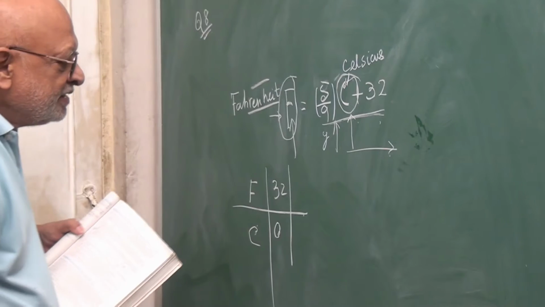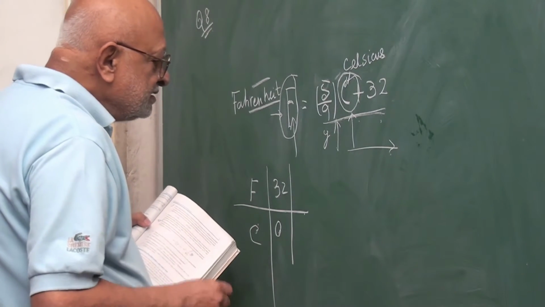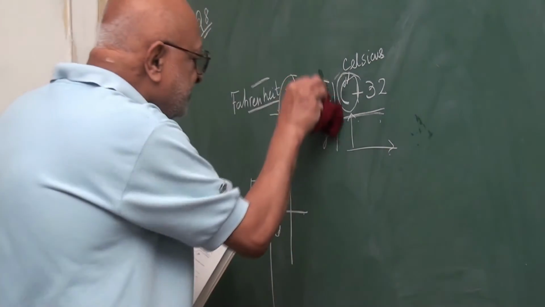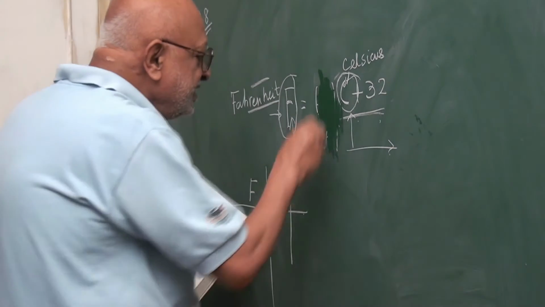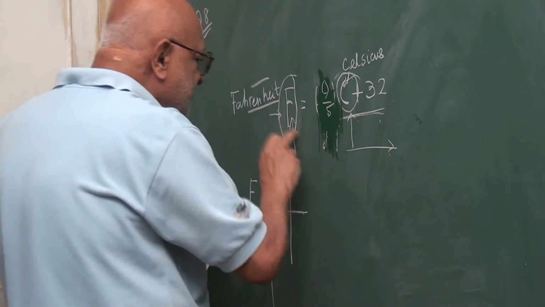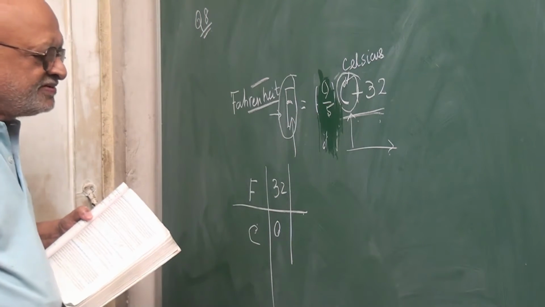Now you see, there is a small change here. This should be 9/5, bigger, because this scale is much larger than this scale. So this is 9/5.